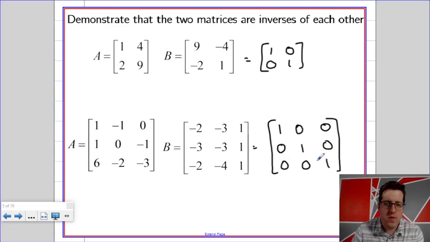So to summarize, we can tell that A and B are inverses because when we multiply them together, we get the identity matrix. This is a property for square matrices. So we wouldn't find the inverse of a 3 by 4 matrix.